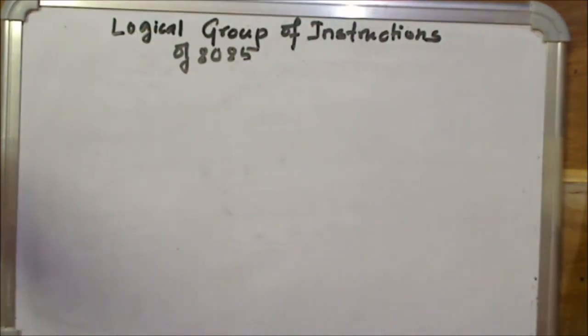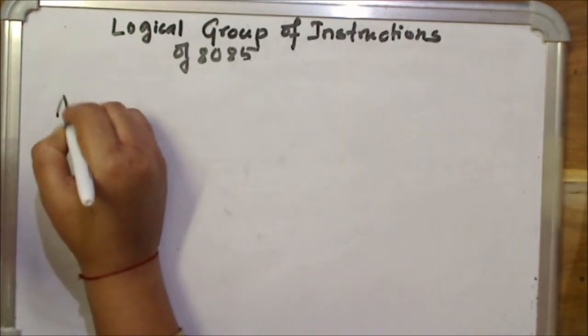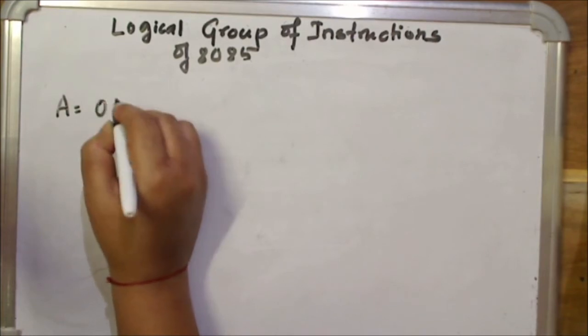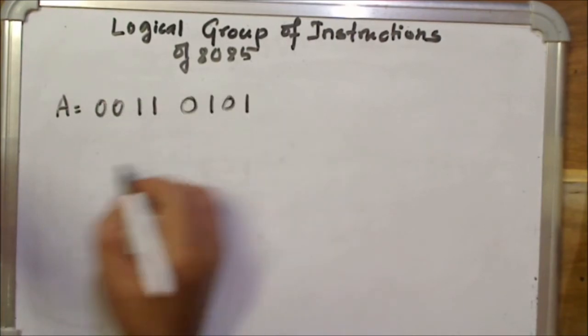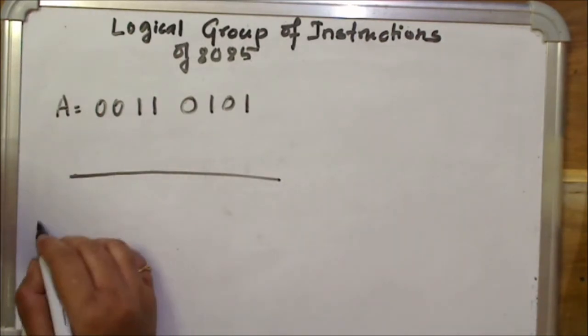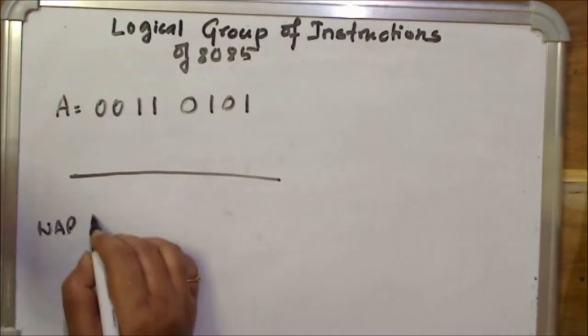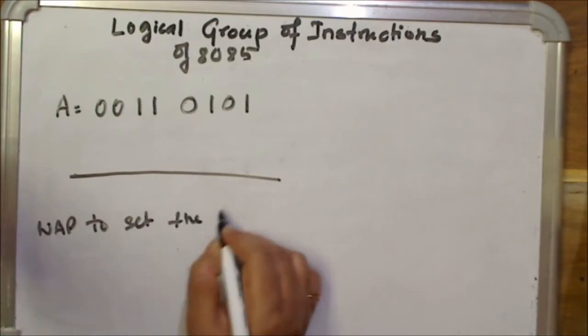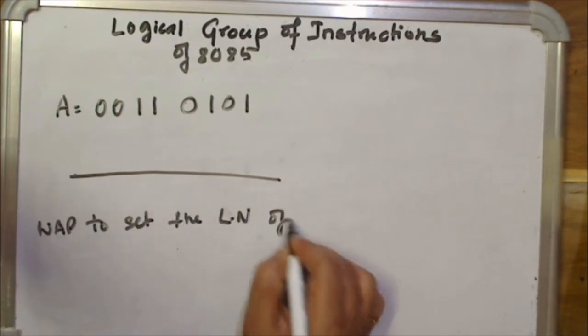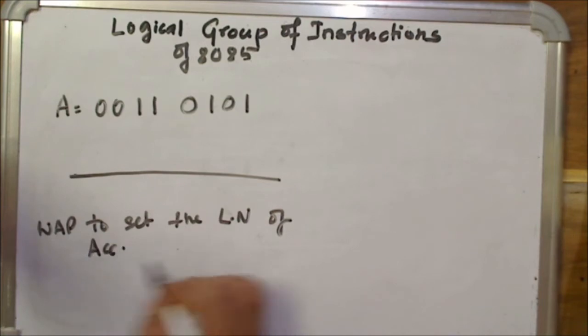Now the processor wants to set the lower nibble. Let us take the same number 0 0 1 1 0 1 0 1. Now I have told, write a program to set the lower nibble of accumulator.